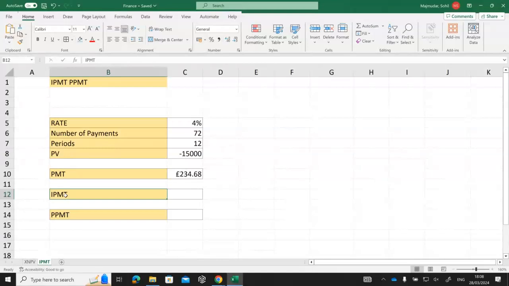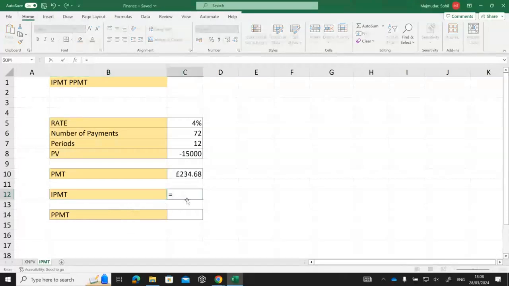What does IPMT do? It will tell you how much interest you're paying in your particular month. So for example, you want to know in the 13th month, how much of my money is interest, how much of my money is principal. These formulas will help you find it. So let's see how to do IPMT.